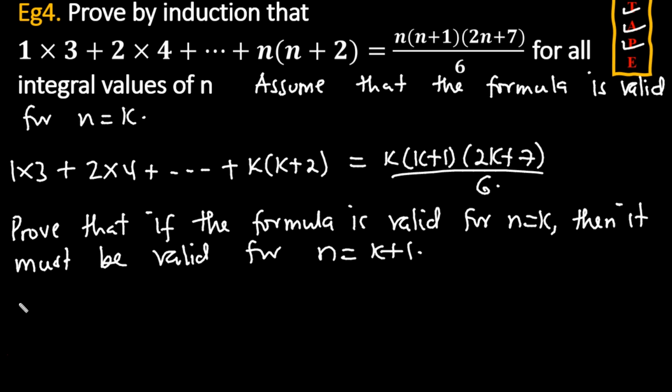When we do that, we are going to have 1 times 3, then plus 2 times 4, then plus ... plus. Now our last term was k(k + 2). But on adding a 1, it ceases to be k(k + 2).